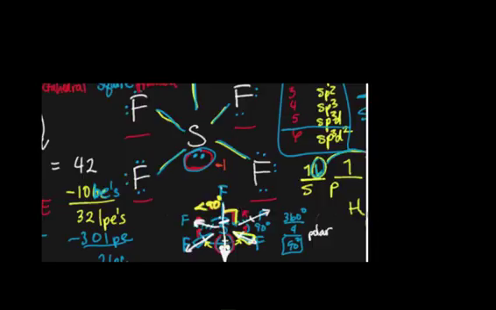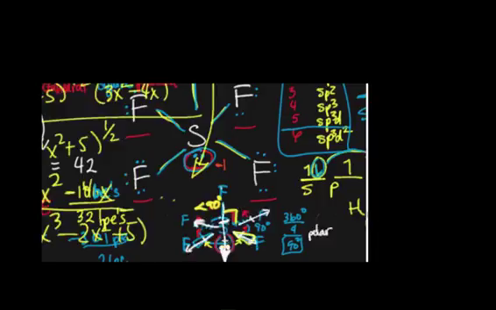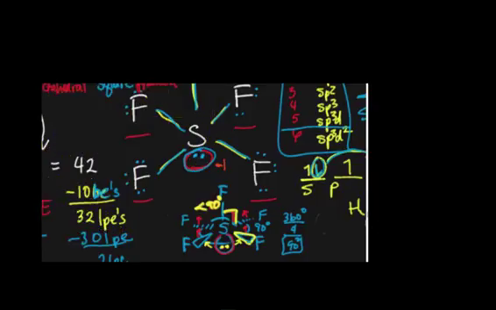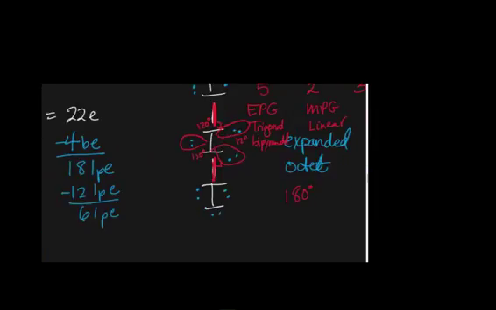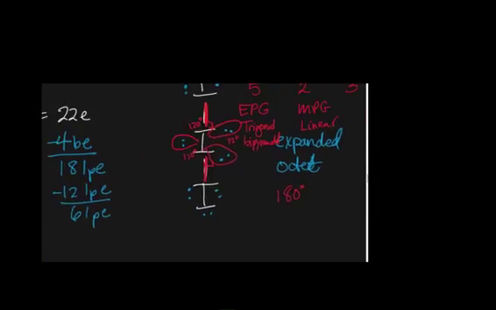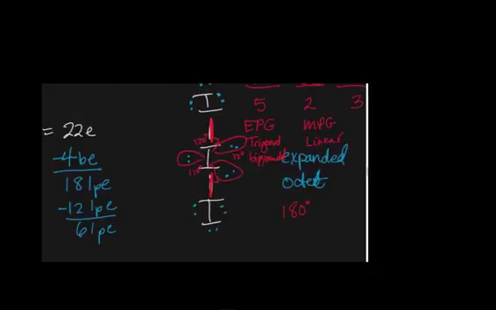Let's look at the last one we did. So looking at this one, we see we have all these lone pairs, but they're 120 degrees from each other.